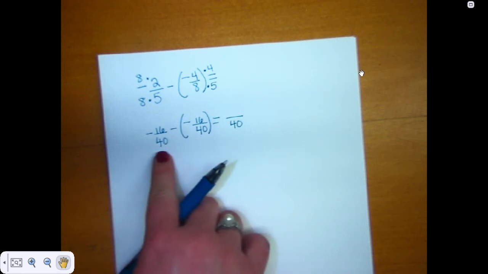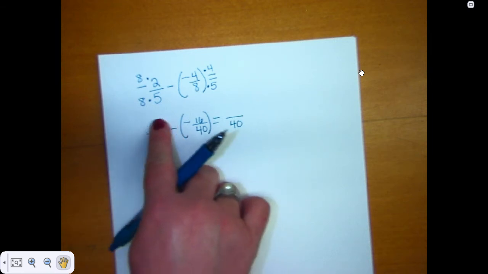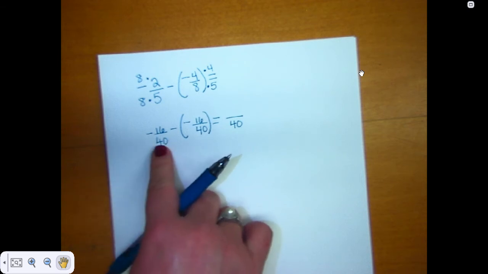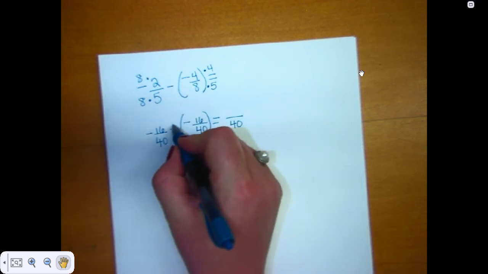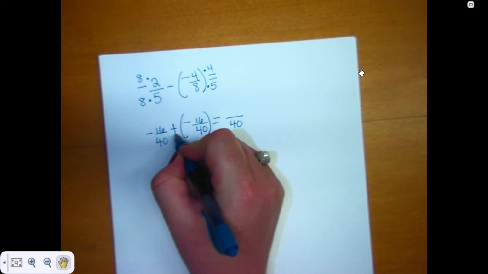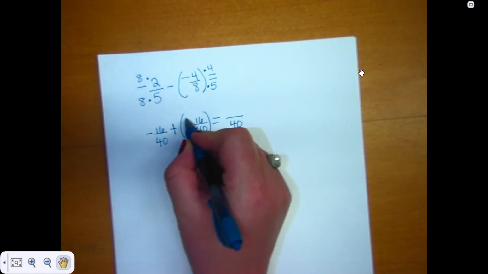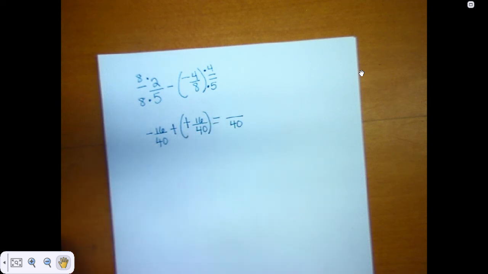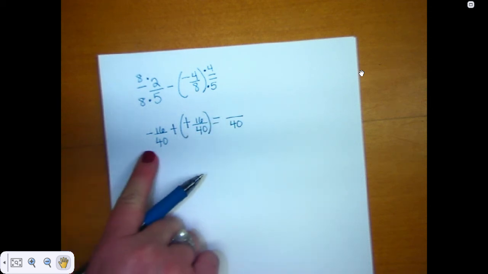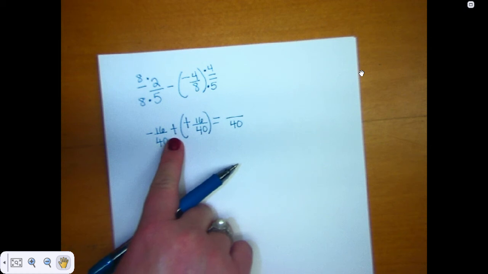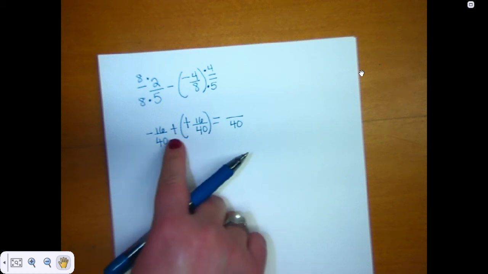Now, I don't do anything to this number. Don't touch the first number. But you do the opposite of this would be adding. So if I do the opposite of that, I also have to do the opposite of the next, which would change to positive also.